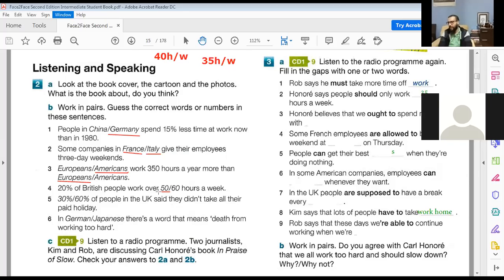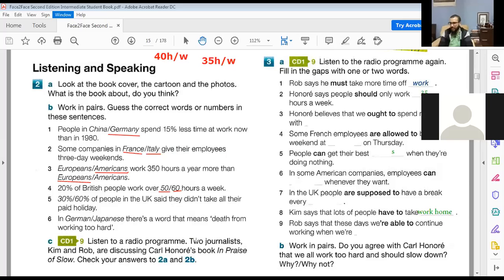Or maybe it means you work at the weekend as well. So do you think it's 50 or 60? 60. You think it's 60? Yeah, 60.